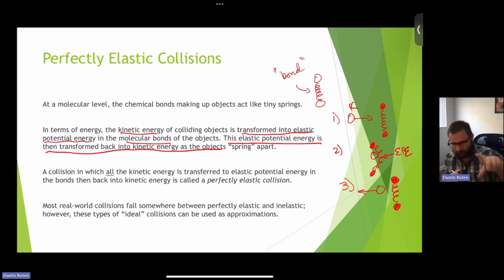So any collision where all the kinetic energy is transferred to elastic potential energy, and then all of that goes back into kinetic energy, anytime you have this full transformation, that is called a perfectly elastic collision.